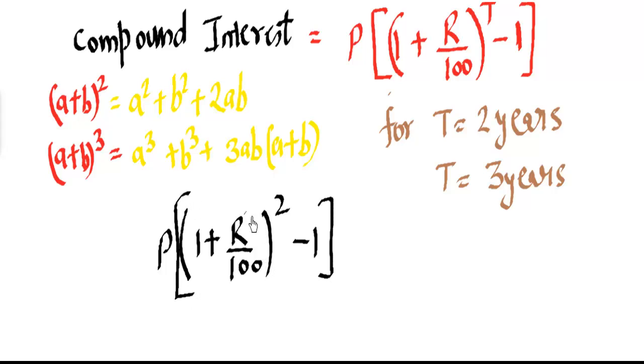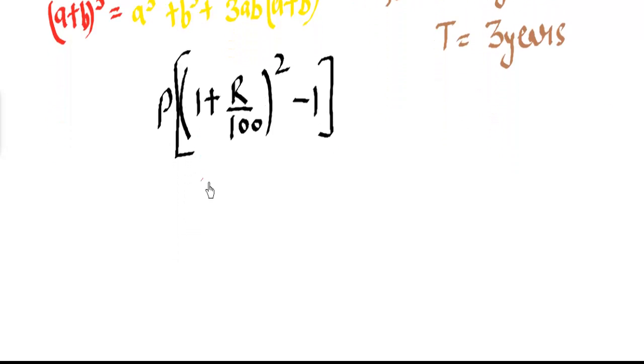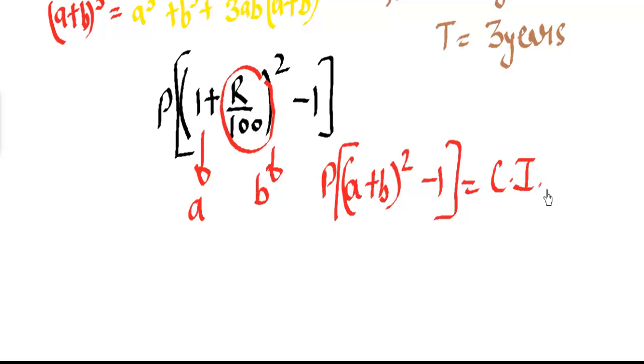Right. So what I can do is, I can take 1 as my a and r upon 100 as my b, and this will become (a plus b) whole square minus 1, into principal, that is my compound interest.